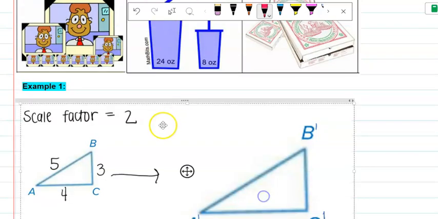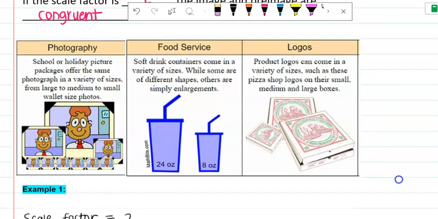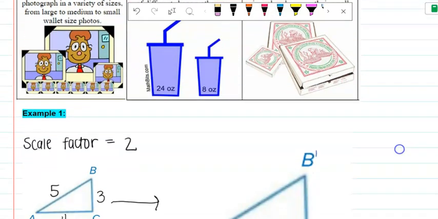Or when we get drinks at McDonald's or somewhere, we've scaled the size and the volume of those cups. And any sort of logo, like our Mercy Macaulay logo, everything has to be proportional and scaled by the same scale factor in order for our M's to not look distorted or the wolf head to not look funny.